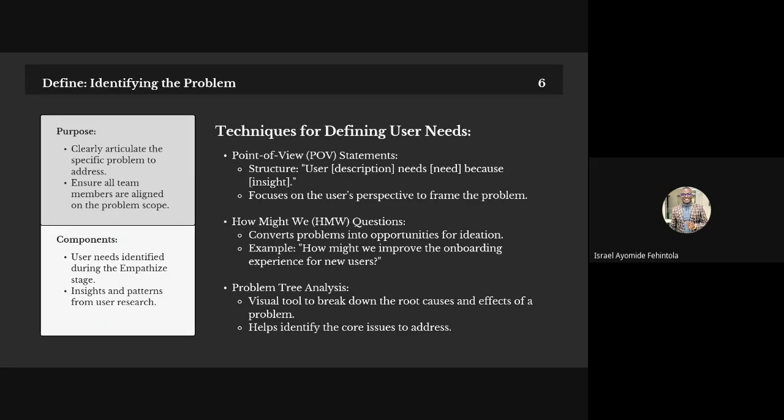Can you hear me? Yeah, I'm following. Okay, so from your product now, can you frame a problem statement based on the explanation I've given? User, their needs, and why?